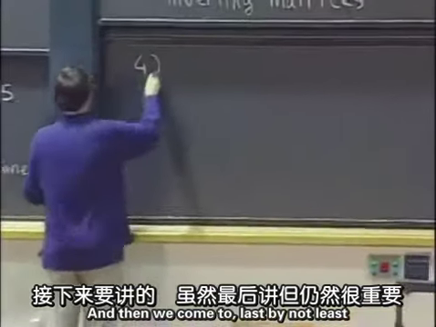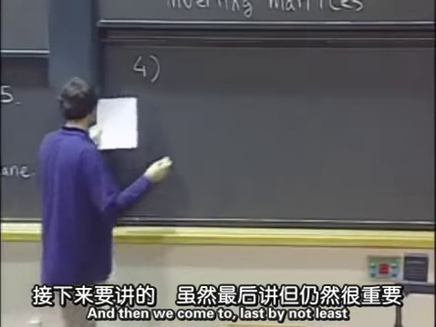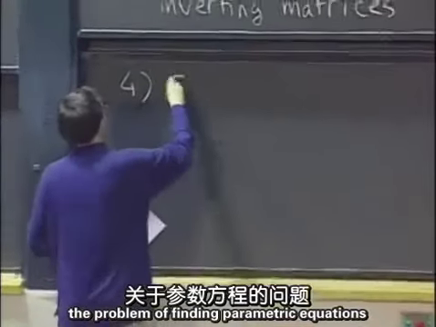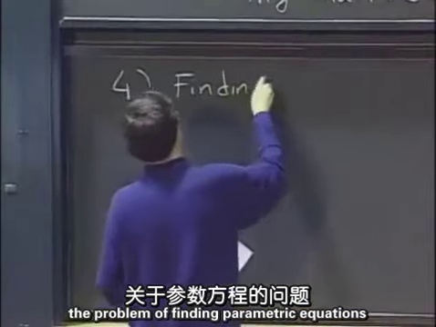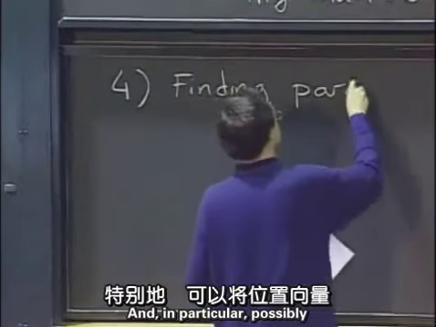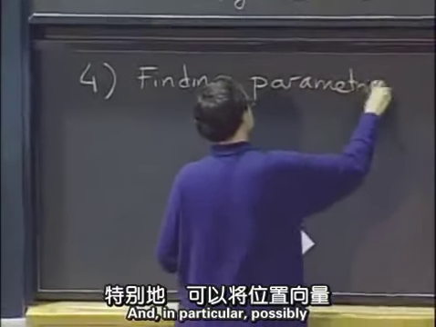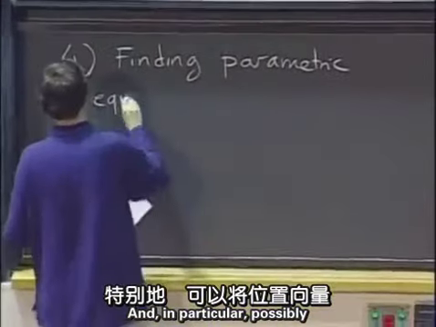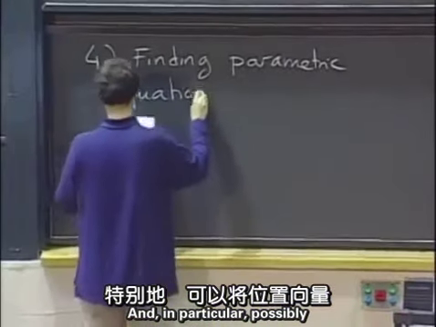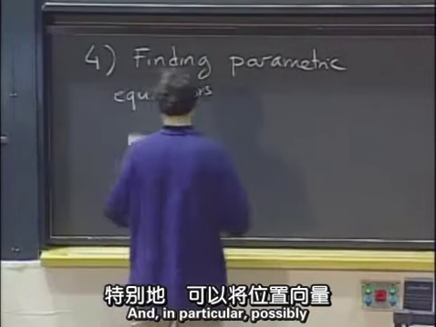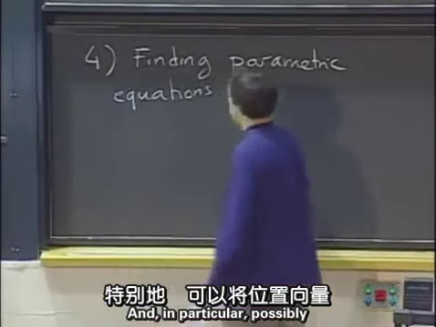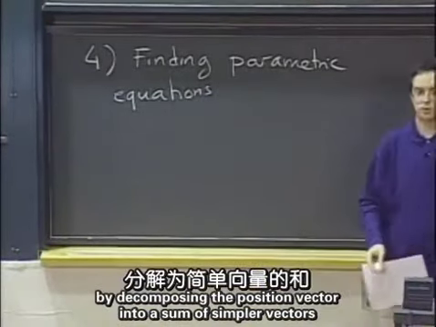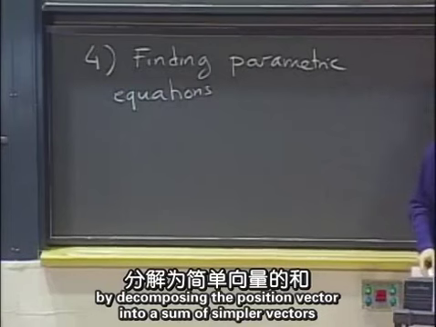And then we come to, last but not least, the problem of finding parametric equations, and in particular, possibly by decomposing the position vector into a sum of simpler vectors.